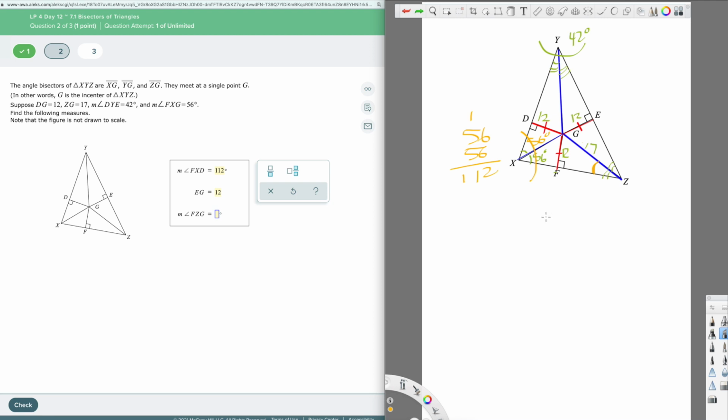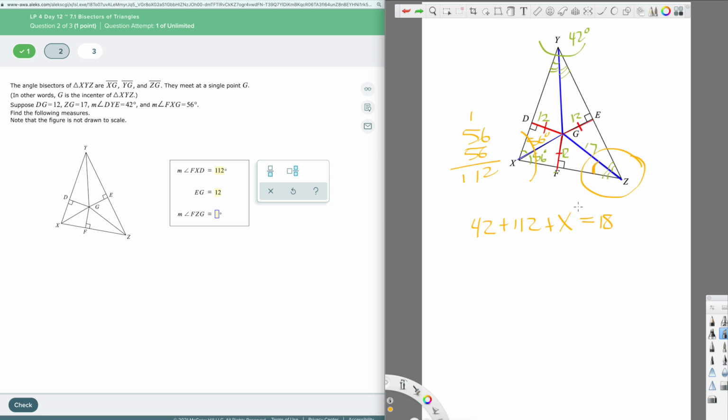So if I have 42 and 112 on the left here, then whatever this entire angle is, I'll label it x for now, is what's left over from 180. Why do I care about that? Because I don't care about the entire angle. But remember, angle bisector, if I know the entire angle, I can divide by 2 to get back to this half of the angle.